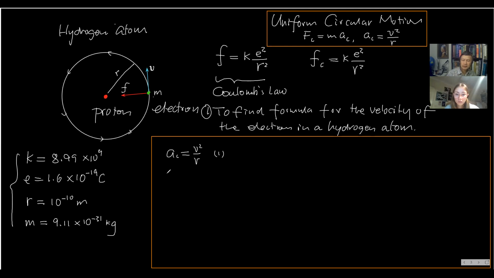The second equation is the centripetal force F_c equal to m multiplied by a_c, which is our equation 2. Third equation: in our case, the centripetal force can be written using Coulomb's law, K e squared divided by R squared. What can you do with these three equations? You could put 1 into 2. Yeah, you can try.